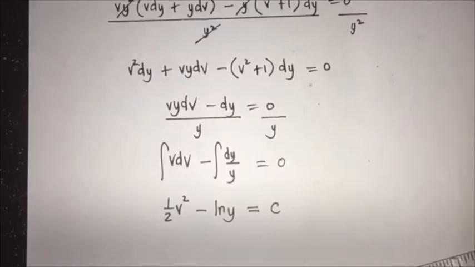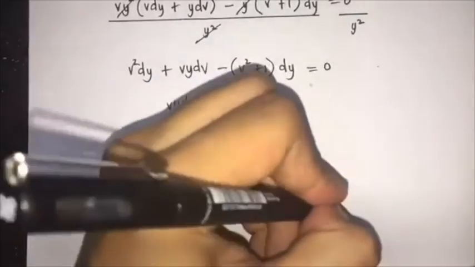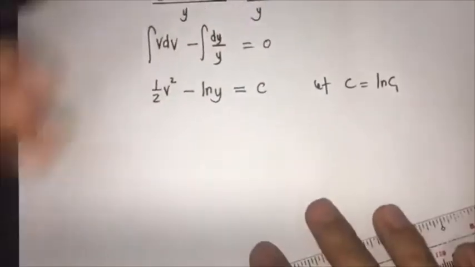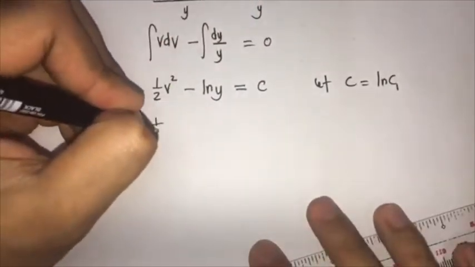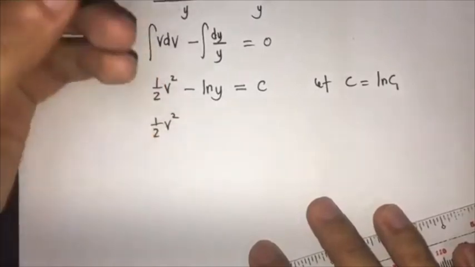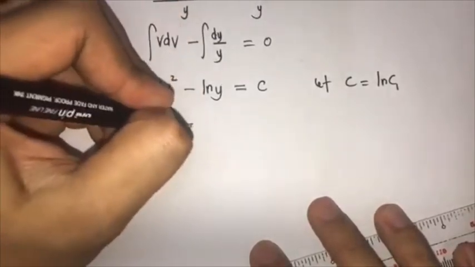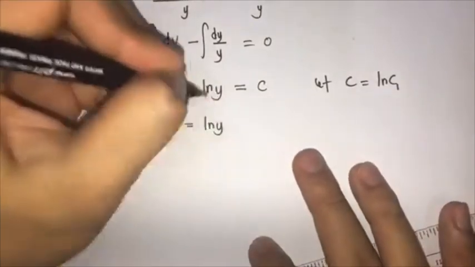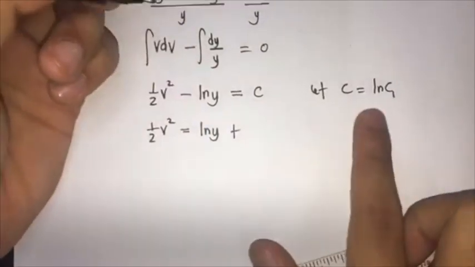Okay, and then we can let c is equal to ln of c1, so that we can combine the terms with the natural logarithm. So we can transpose the ln y, so this will become 1/2 v squared is equal to positive ln of y plus c, which will be ln of c1.